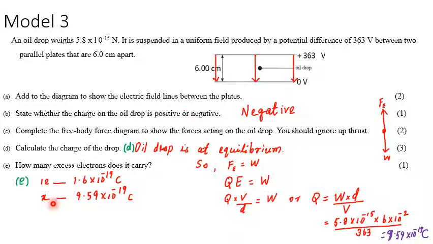So 1 electron gives 1.6 times 10 to the power minus 19, and for 9.59 times 10 to the power minus 19, if you cross multiply, you get 5.99 electrons. If you round off that number, we can say there are 6 electrons. 6 excess electrons are there on the oil drop to give an excess negative charge.